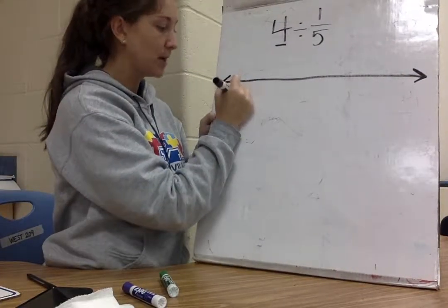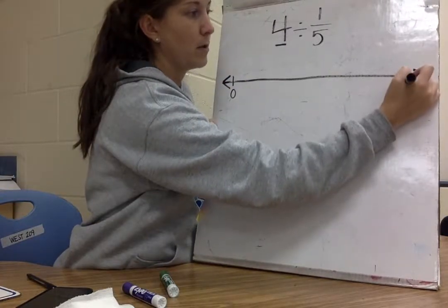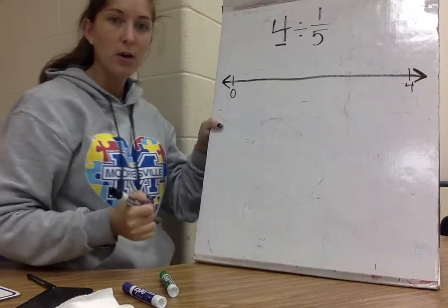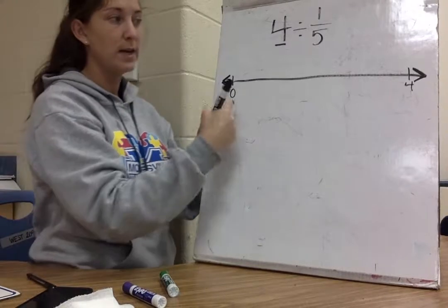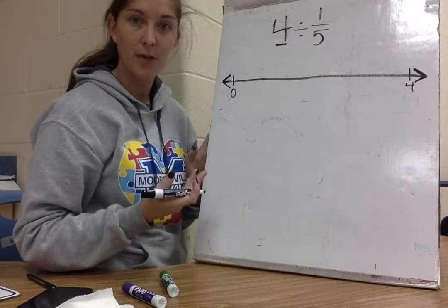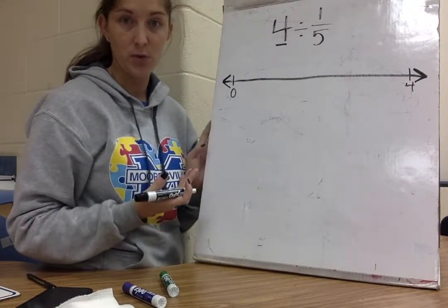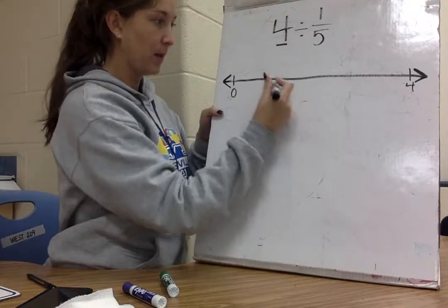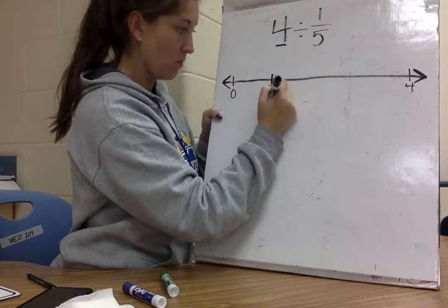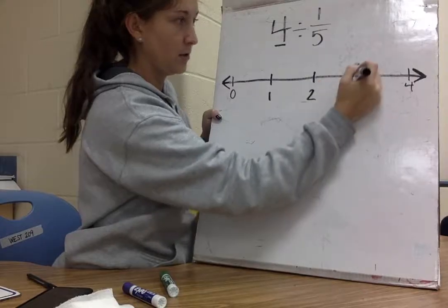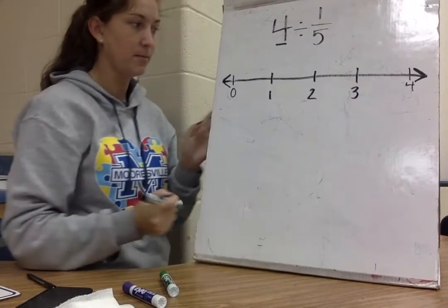So I'm going to start my number line at 0 and it has to end at 4. In between 0 and 4, I have to account for the other whole numbers, so that would be 1, 2, and 3.